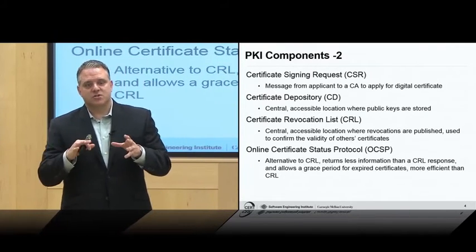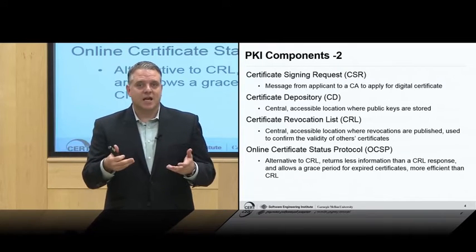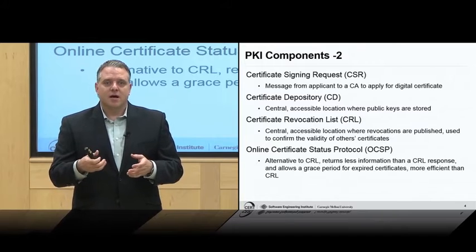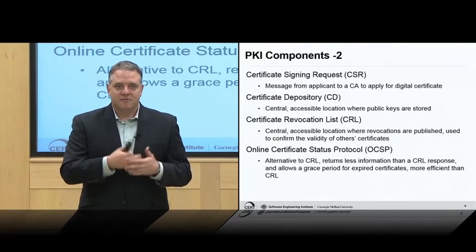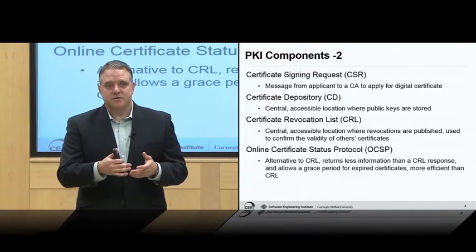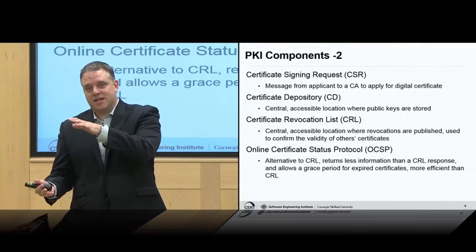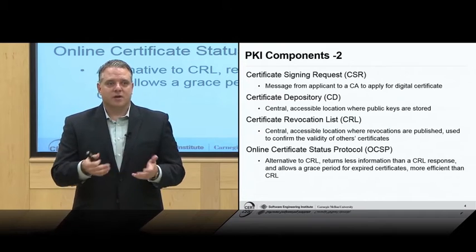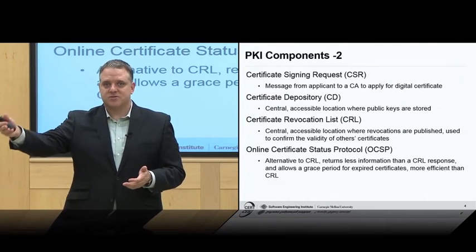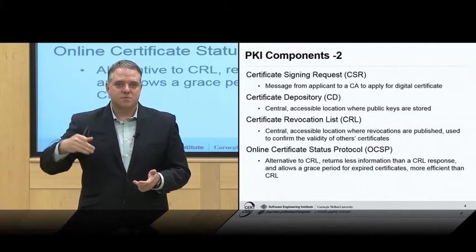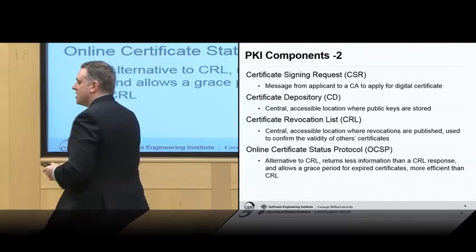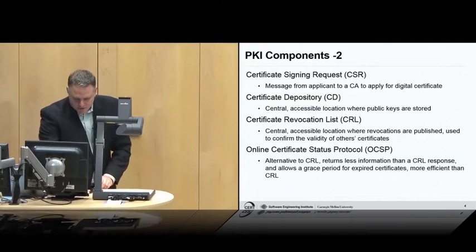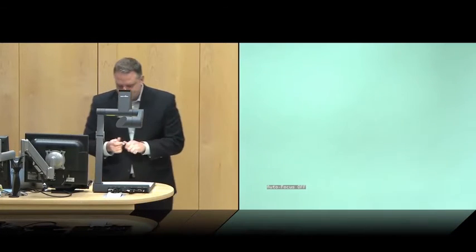It's very similar to the CRL and is used to validate whether a certificate is expired or not, but it's significantly more efficient than CRLs. With a CRL, you have to download the entire list and then check, am I still valid? With OCSP, you just query that certificate's owner and get a response back whether that is still a legitimate certificate or not.